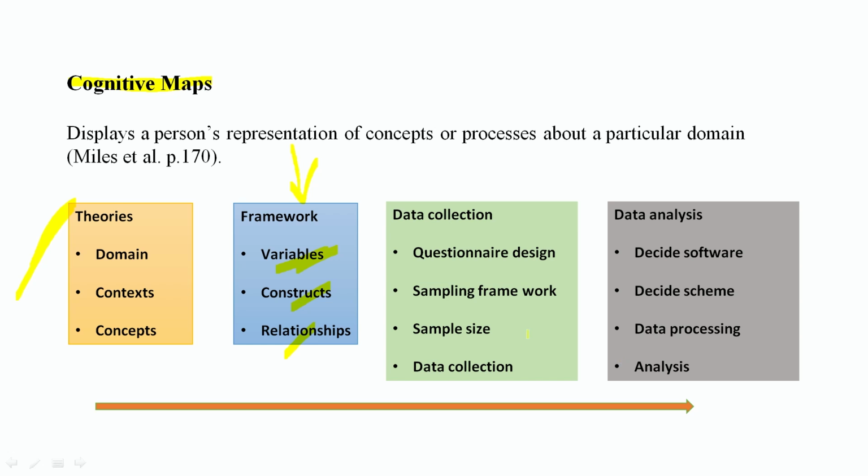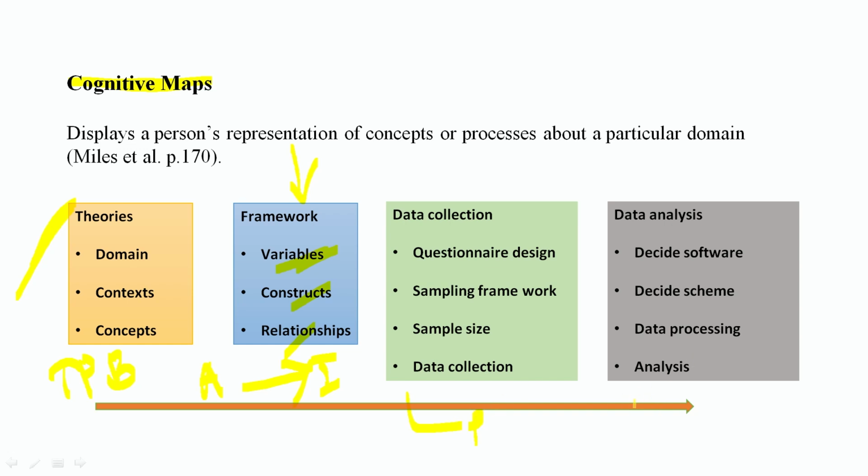So, the mapping which says, for example, you have used a theory, that theory speaks about theory of planned behavior, which explains attitude and behavior intentions. The data collection process includes primary data, that is through questionnaire survey or maybe through observation, and the analysis process.